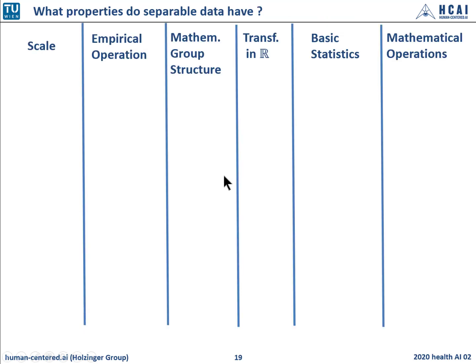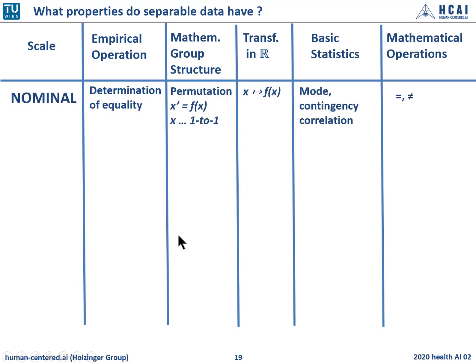So this is really now the essence of data. So we have the properties. So what properties do separable data have? So we have this in terms of scale, empirical operation, the mathematical group structure, the transformation possibilities in R, the basic statistics we can do, and the mathematical operations that can be performed.